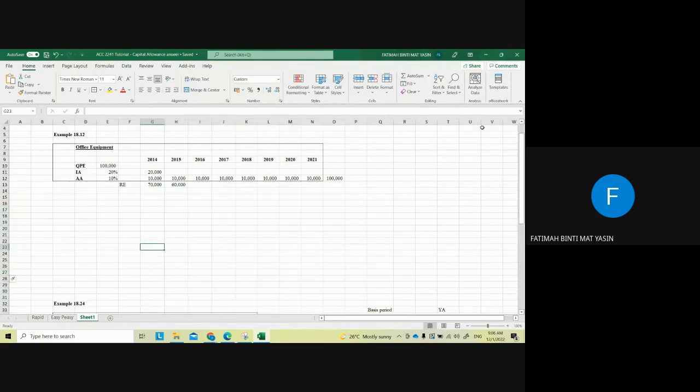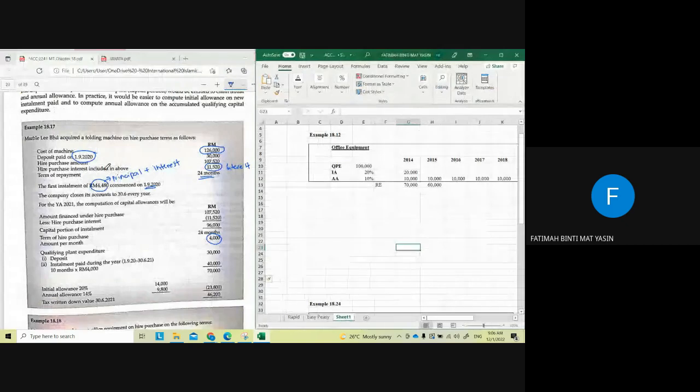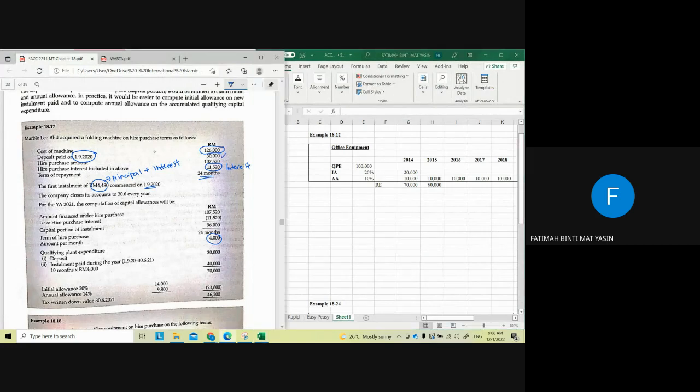Okay, in this example, the cost of the machine is 126,000. Then this is the deposit paid by the company, which is 30,000. And then the term of repayment is 24 months. You need to know how much the installment made by the company is without the interest.